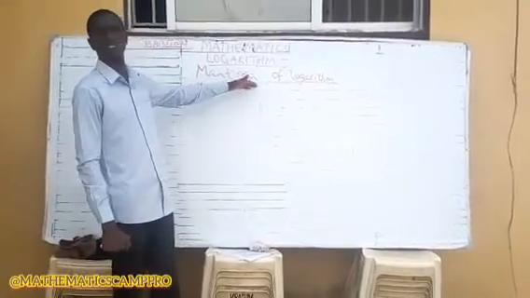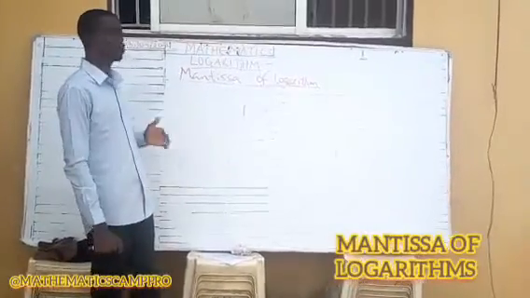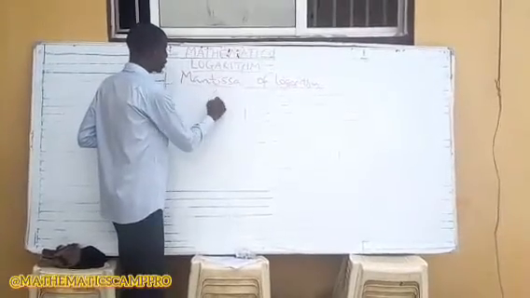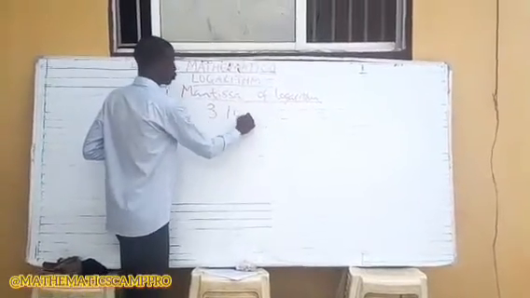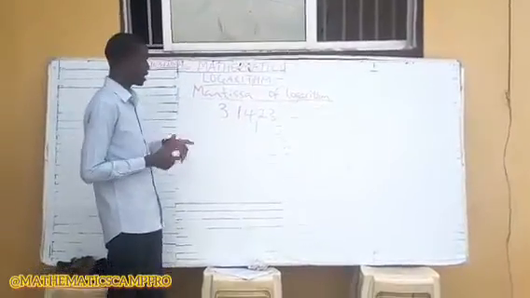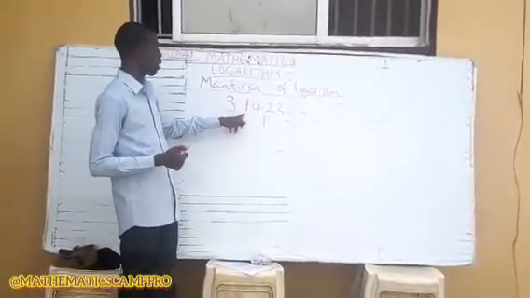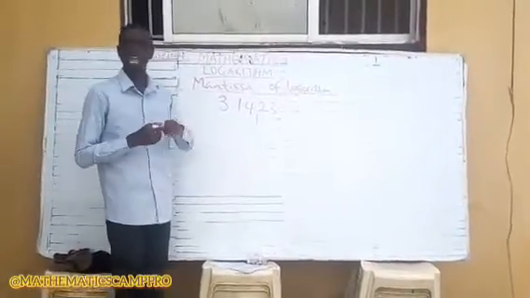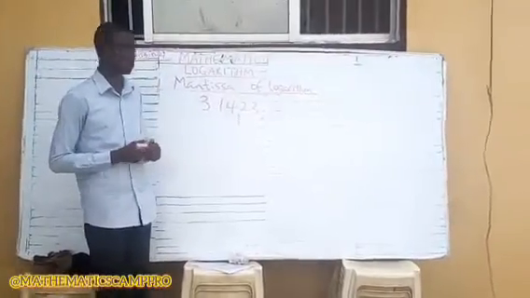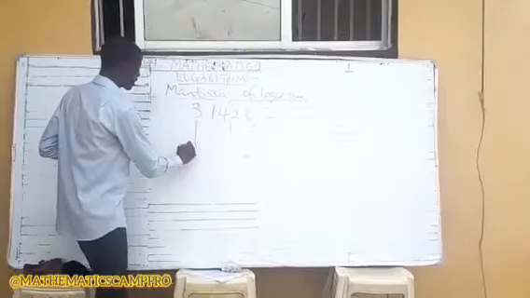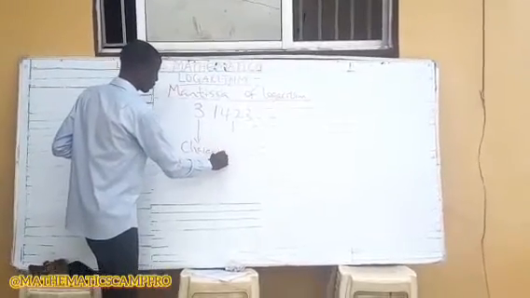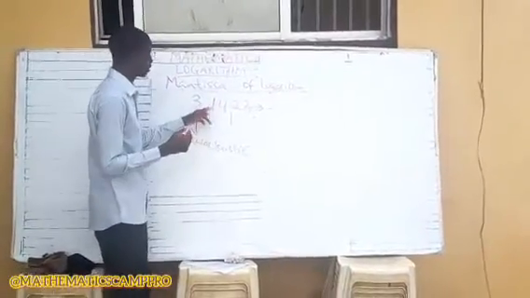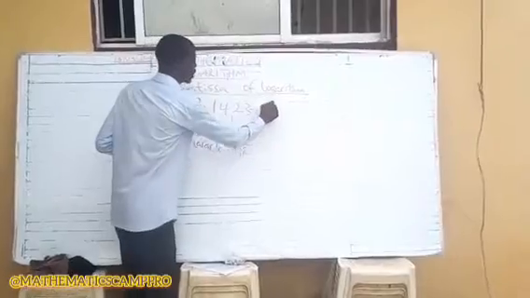Now we are looking at mantissa of logarithm. Now before we proceed, I will kindly put this on the board. When we have 3.1423, for you to understand the concept of characteristics and mantissa, this is your characteristics, while this .1423 is your mantissa.